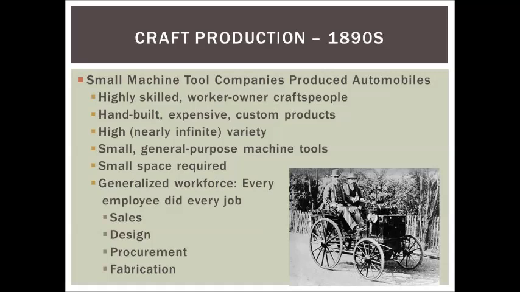Before heavily mechanized production, items were produced using a method that we'll refer to as craft production. You can imagine going to buy a car, and here's a picture of one here, or perhaps going to buy a suit or an article of clothing. You would go to a small workshop, a small company, usually family owned.